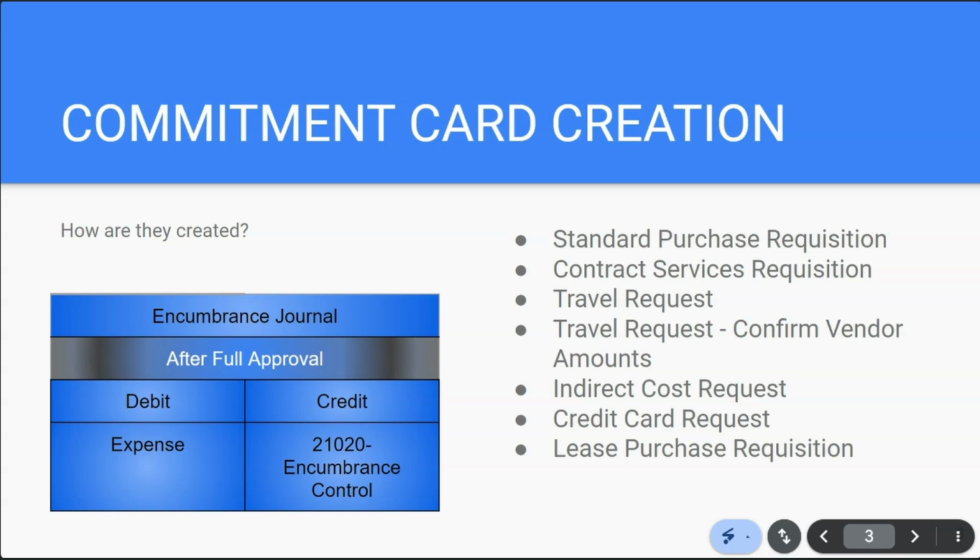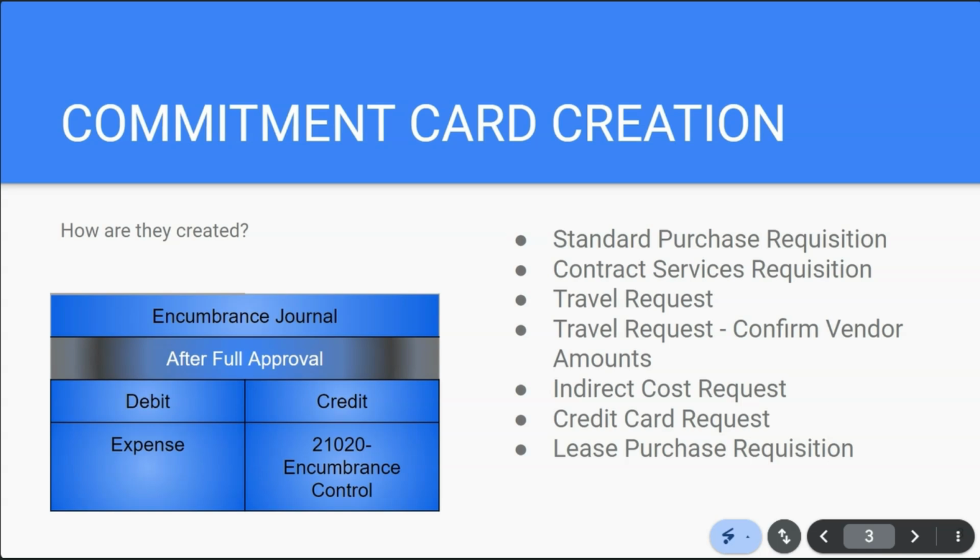And on the left side, it lists the encumbrance journal entry that's done, in which it increases your expense account balance as far as encumbrances go by the amount approved. And then it does an entry to an account we call encumbrance control. And that's what happens when we submit any of these transactions.